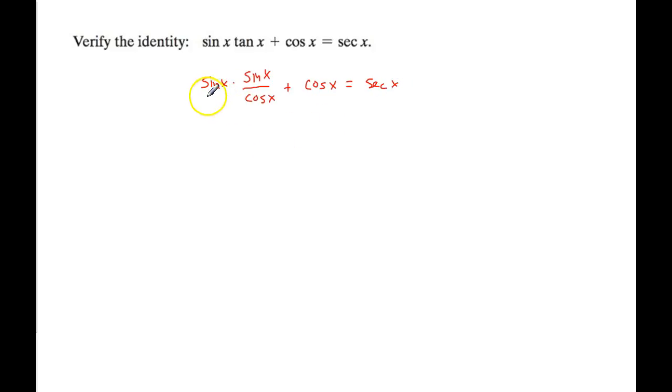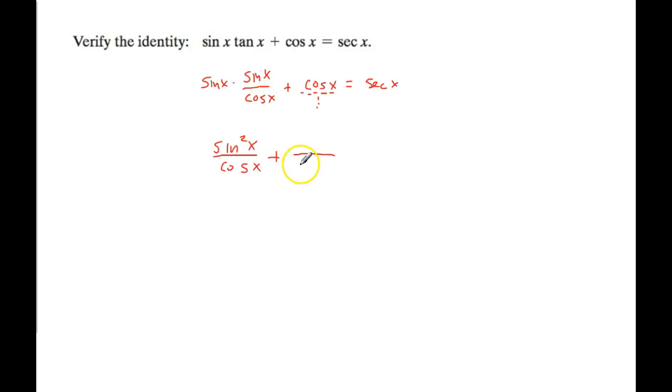I'm going to get a common denominator here. So if I get a common denominator, it'll be cosine. This is sine times sine, which is sine squared, over cosine x. Alright, common denominator, I would have to multiply. Remember, this is like cosine over 1.